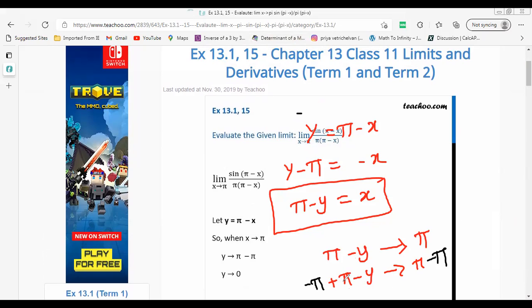This minus pi and plus pi will cancel out each other and I will be having minus y. And this pi and minus pi will cancel out each other and that will become 0. So minus y approaches 0. Understood?